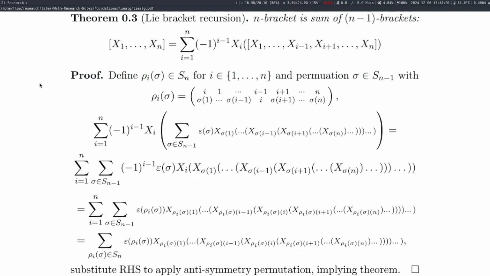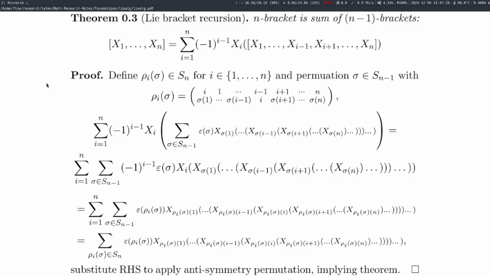So this is my personal proof of this. I haven't seen people talk about this particular proof or this particular Lie bracket recursion anywhere else before, so I figured I'll write this proof down and show it to the world.